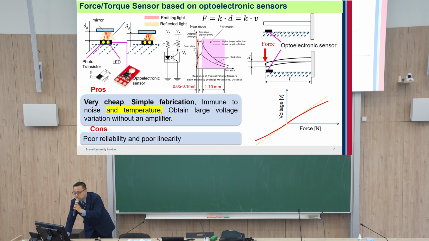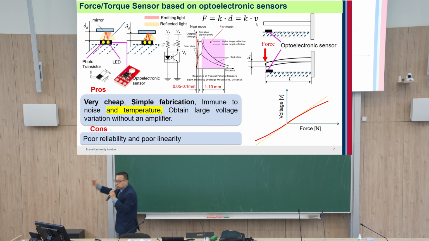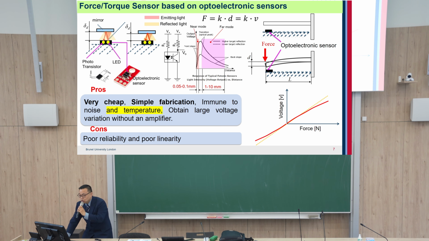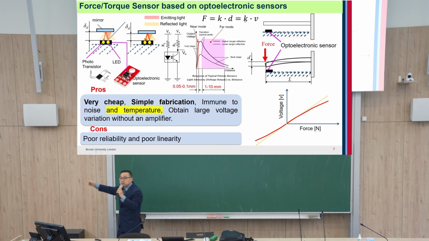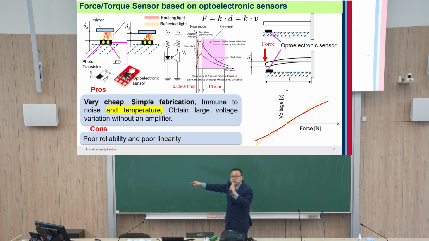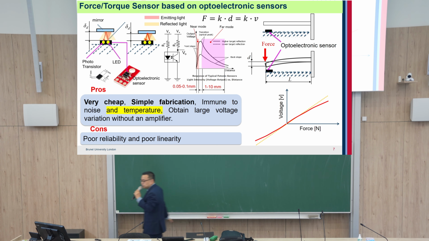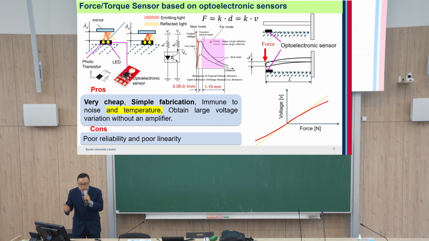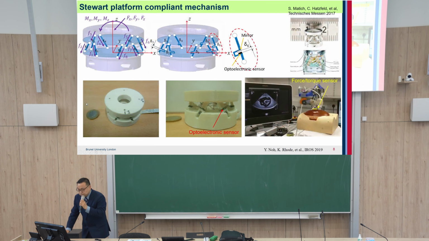For that reason, we know the output voltage of this optoelectronic sensor, and we know this spring coefficient. Then eventually we can estimate the external force. That's the very simple concept, okay? So somehow here, very cheap.